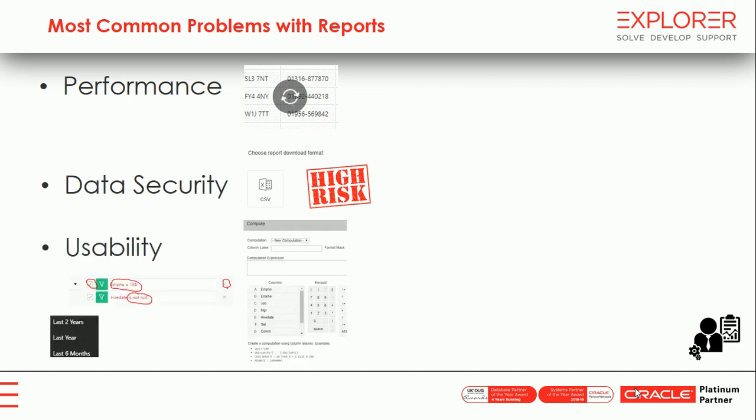Usability. Although we, as predominantly technical people, understand the majority of the features that Oracle has provided us with and how to use them, although I'm still not 100% sure with Pivot, in my experience and testing, the average user finds a lot of them incredibly difficult to use. There's a few examples on the screen there.